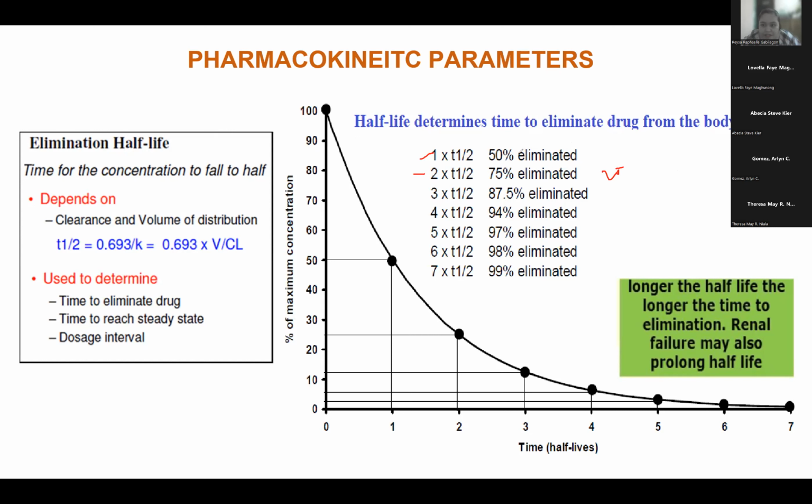Okay, so the longer the half-life, the longer the time to elimination. And we can determine after that when we are going to give the next dose and maintain the steady state concentration. However, we have to consider if the patient has renal problem, this can prolong the half-life of the drug. Okay, so that's the first pharmacokinetic parameter, sorry for the spelling typo.